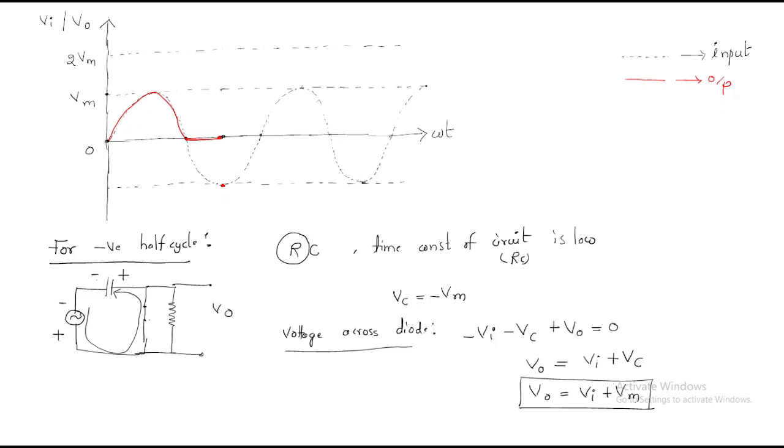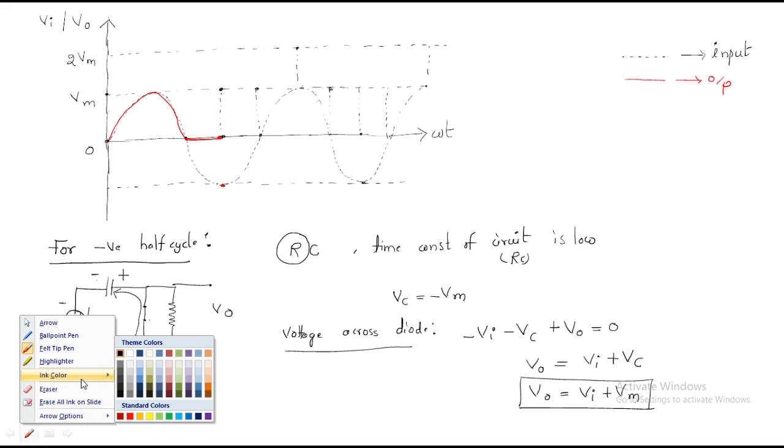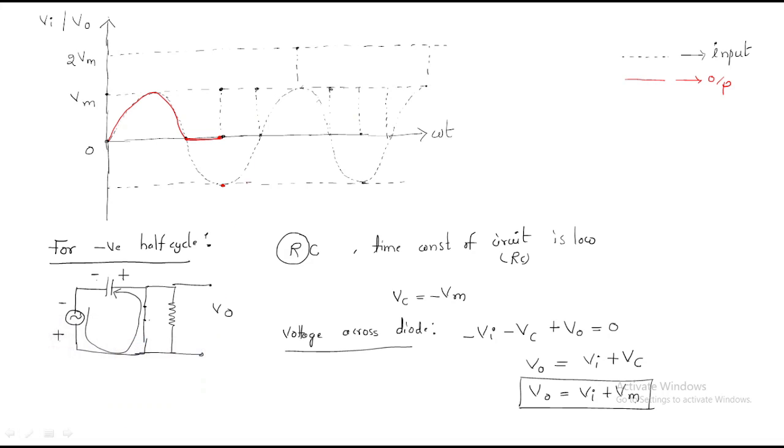So we will put some lines here. This is the line and this is the peak point, and this is the peak point. This is also the peak point. So now, by using that phenomenon, the curve follows like this.